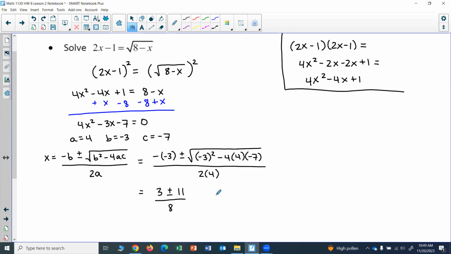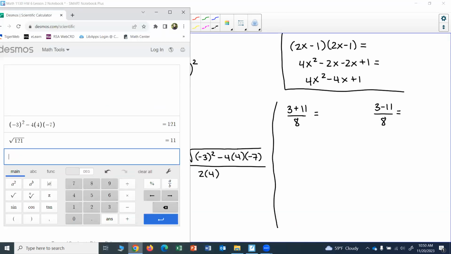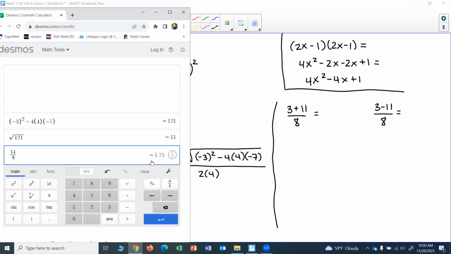All right, so I want to get 2 solutions. I will have 3 plus 11 divided by 8, and I will have 3 minus 11 divided by 8. And that will give me 2 solutions. So 3 plus 11 is 14, so I'll go ahead and do 14 over 8.